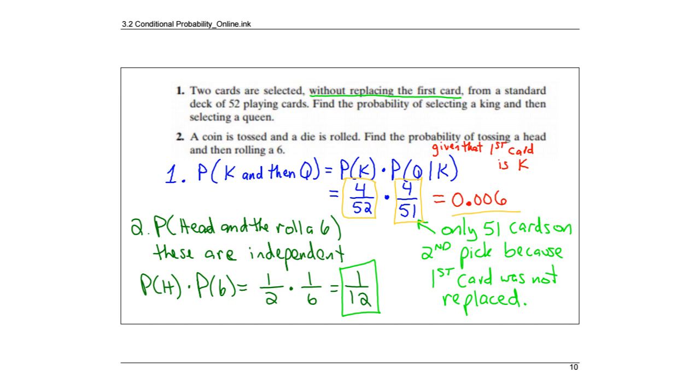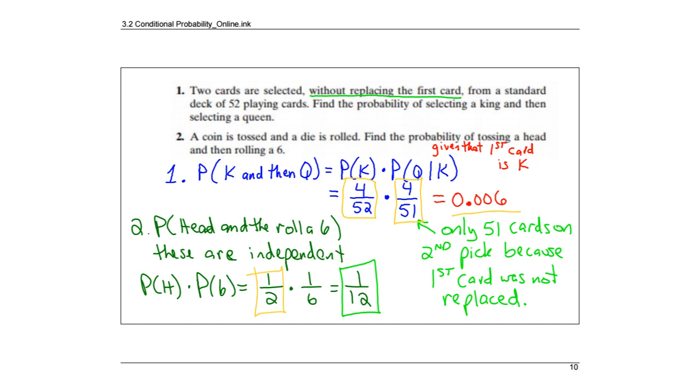All right, then we have a coin is tossed and a die is rolled. So these are independent of each other. Find the probability of tossing a head. Well, there's only one way to get a head out of two sides of a fair coin, so that would be 1/2. Remember, this is "and", so we're going to use multiplication.